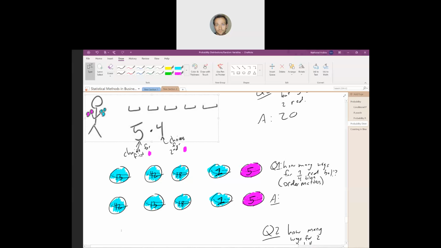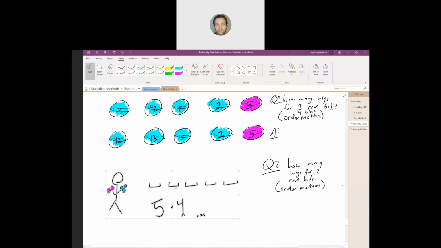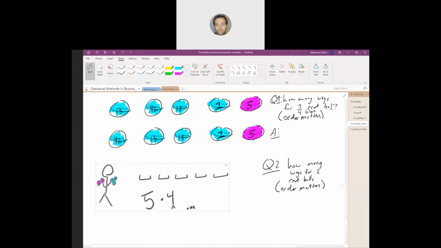If it's okay with you, I'm going to draw this out a little bit. Like before, you have balls, except now these have numbers on them.